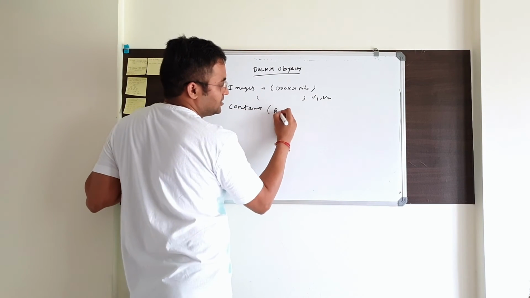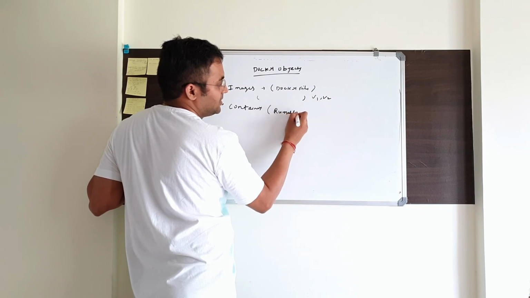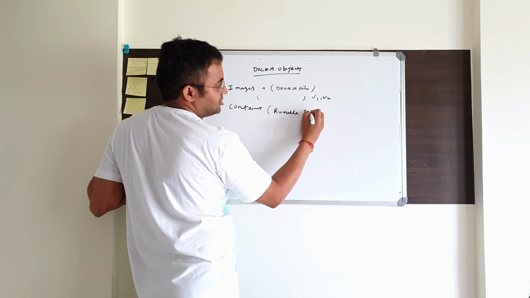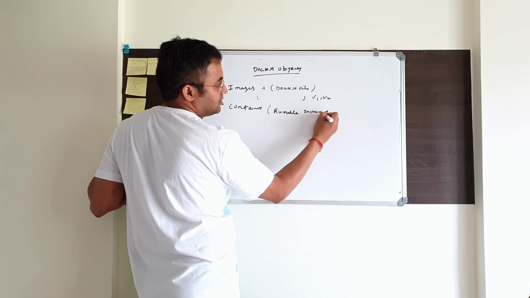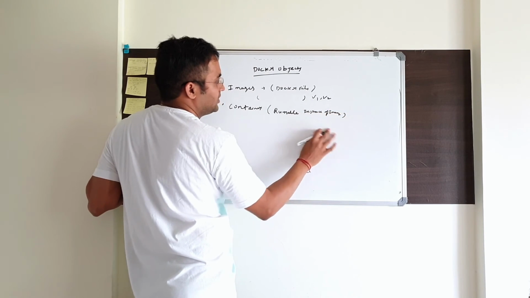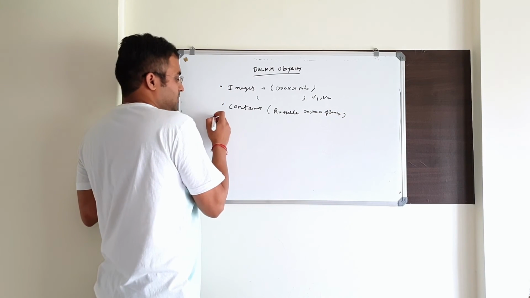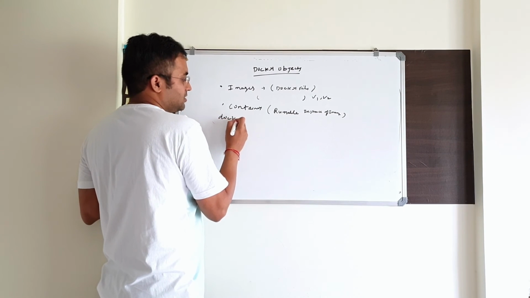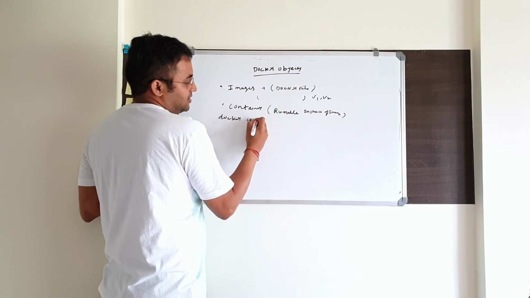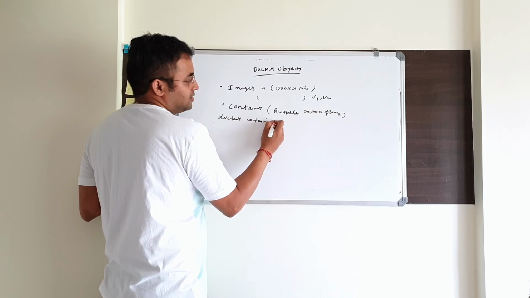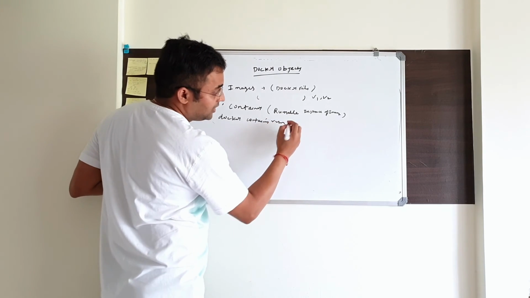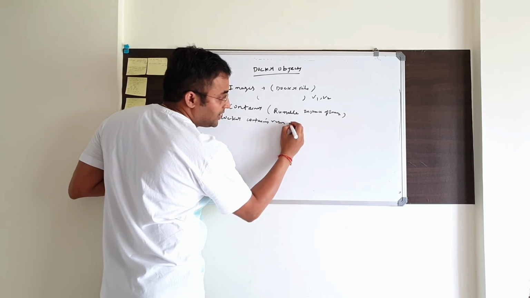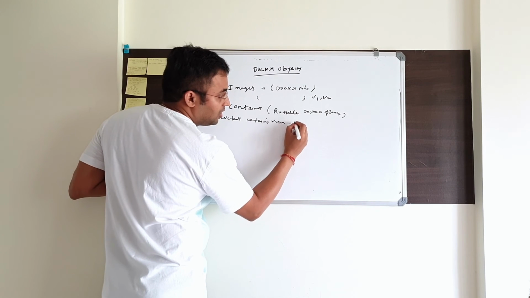This one is called containers. A container is a runnable instance of an image. You can run this container by certain commands like docker container run. You can run it either in interactive mode or in detached mode.